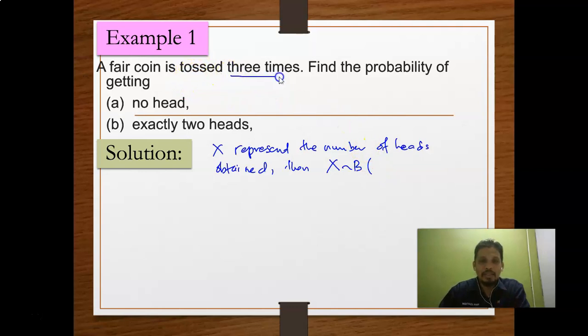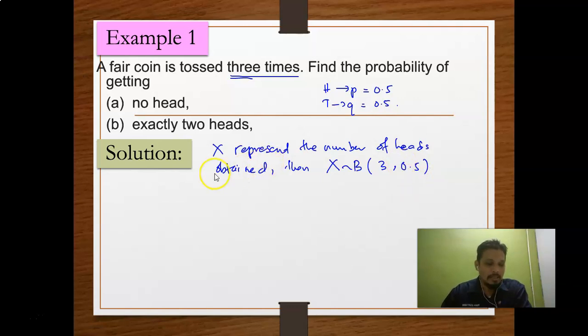It is tossed 3 times, so n is 3, and when we toss a coin there are only 2 results, head or tail. Each of these two results comes up with equal probability, where getting a head we call P, which is 0.5 or 1 over 2, and tail as a failure is also 0.5 or 1 over 2. So we write P here as 0.5.